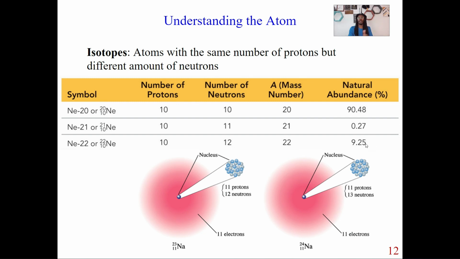So we only have about 9% of this neon-22 in the world. This is how we have to think about all of our elements: we have isotopes for each element, and certain isotopes are going to exist more in the world. We're going to cover natural abundance in more detail later on, but for now, just understand that concept.